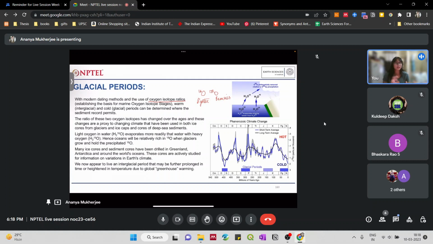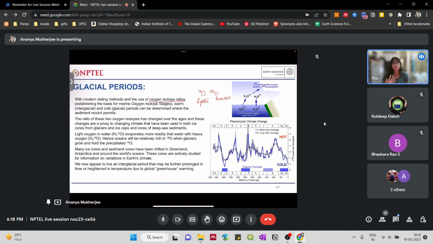So if you take samples from these, called ice cores, that drill into the glacier and take out cores, then you measure the oxygen isotope ratio within that ice core, and it will give you an indication of what the climate was during that time.